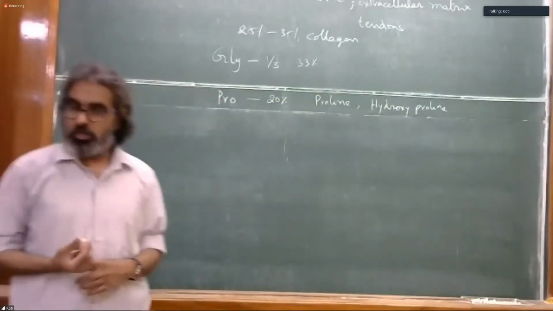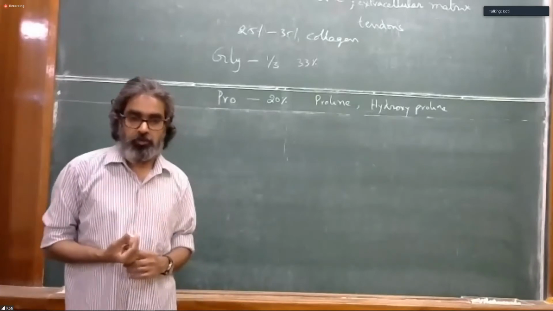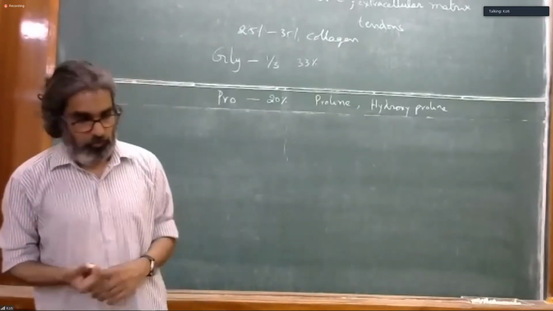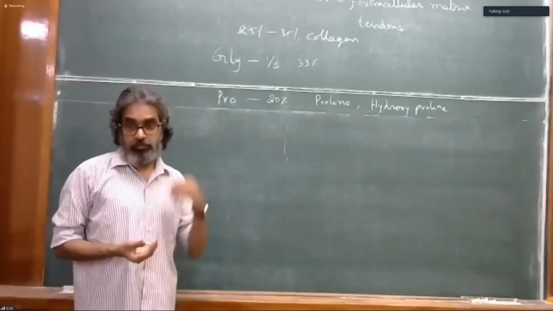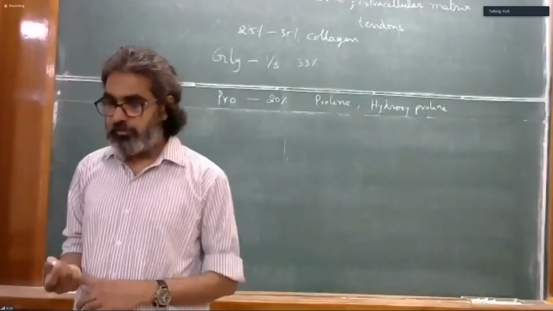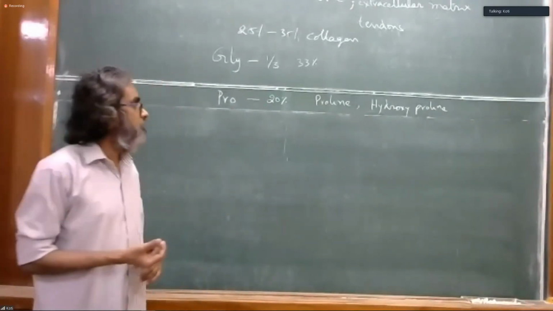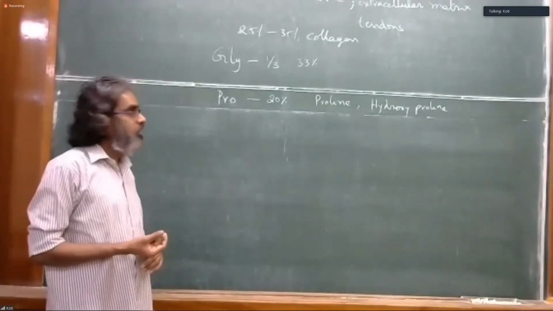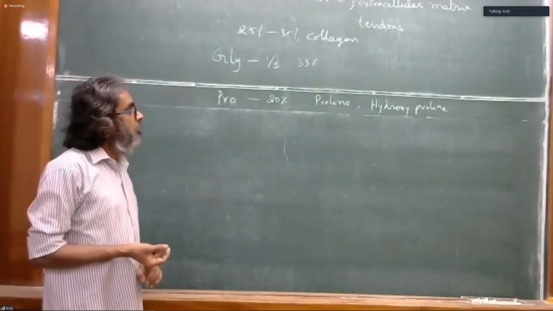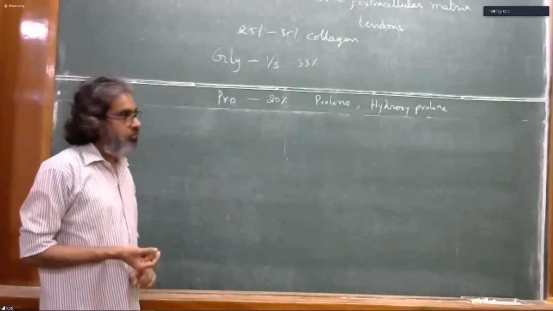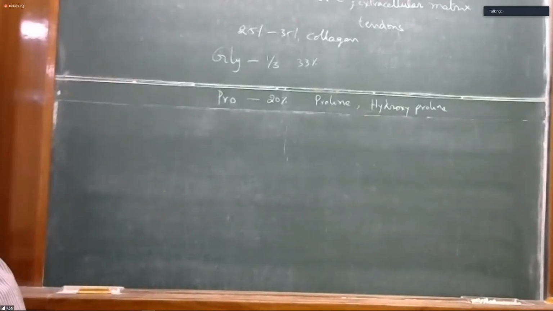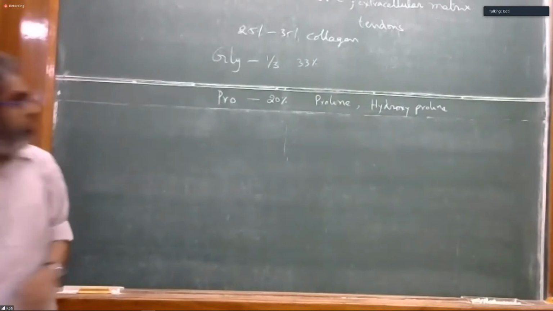These are called post-translational modifications. We talked about adding a sugar, glycosylation, adding a phosphate, phosphorylation, or adding even an entire protein like ubiquitin, ubiquitination. Like that, certain modifications do occur on amino acids. A very important modification on proline is hydroxyproline. There is a fifth position, so this is actually 4-hydroxyproline.